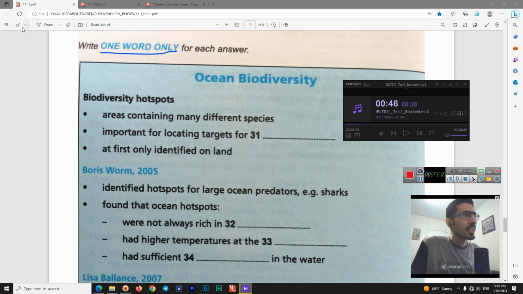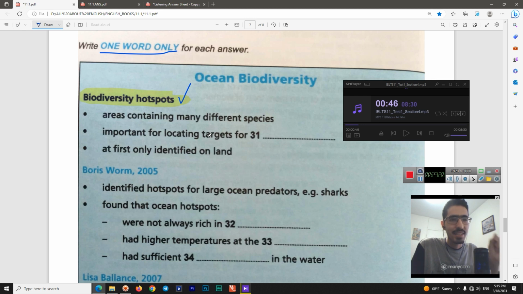So one thing that is very important and I want you to do is to look at these titles. These titles are very important because that's how you can track the listening. Tracking is important. You need to know which section the listening is talking about right now. So you should read these titles first.